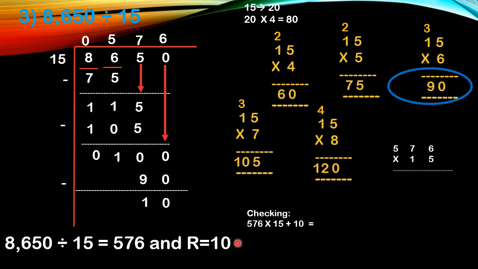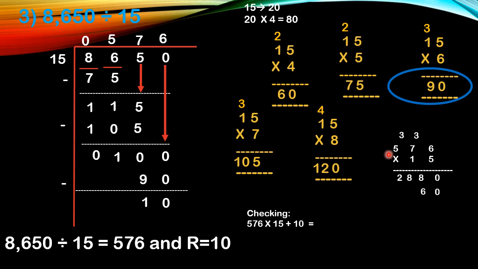So now we have to check whether our sum is correct or not. To check, we have to multiply the quotient by the divisor, then add the remainder. So first we multiply 576 into 15. 5 6s are 30, then carry 3. 5 7s are 35, 35 plus 3 is 38, then carry 3. Then 5 5s are 25, 25 plus 3 is 28. Next we have to multiply by 1.